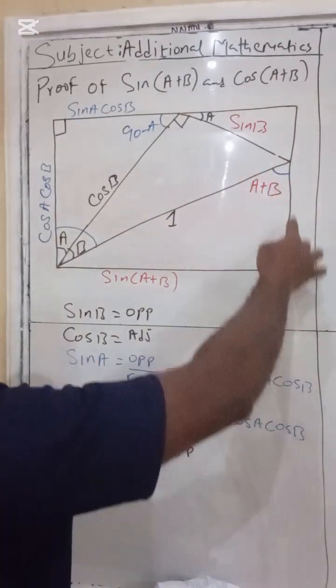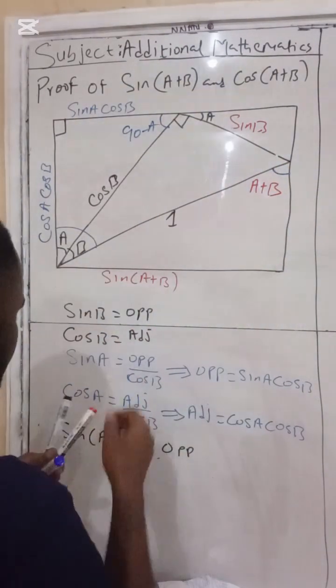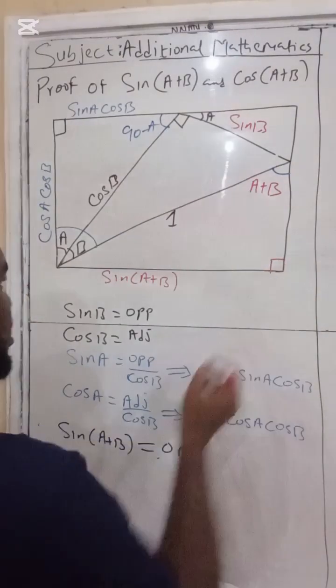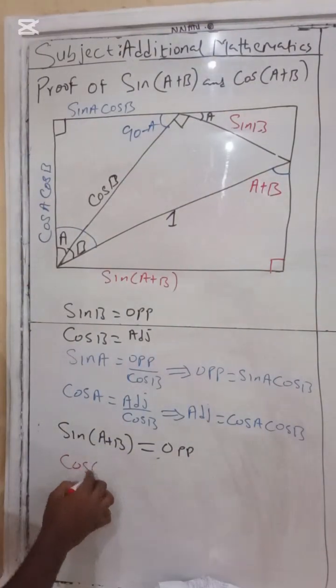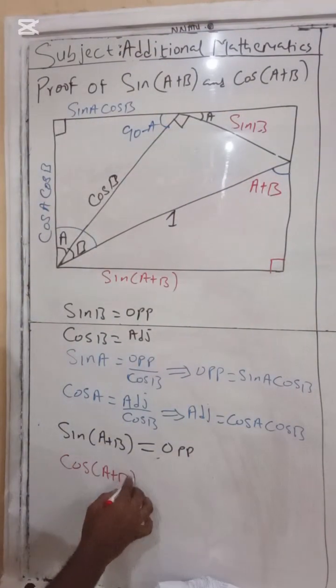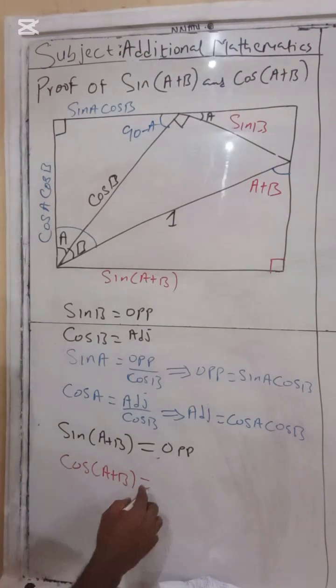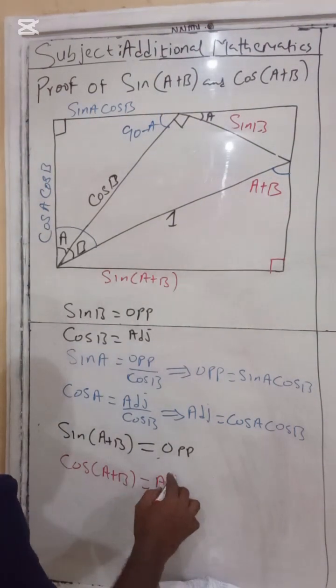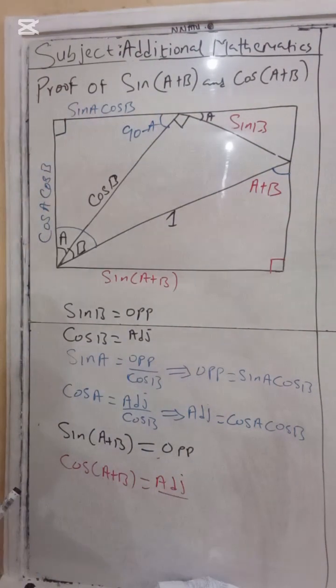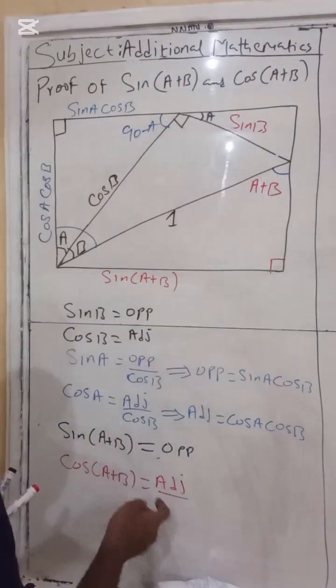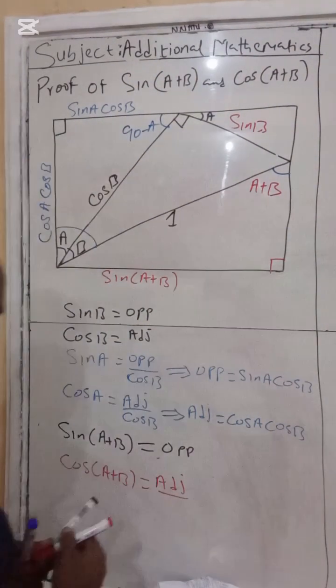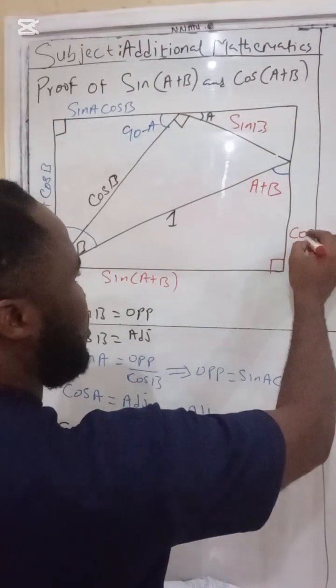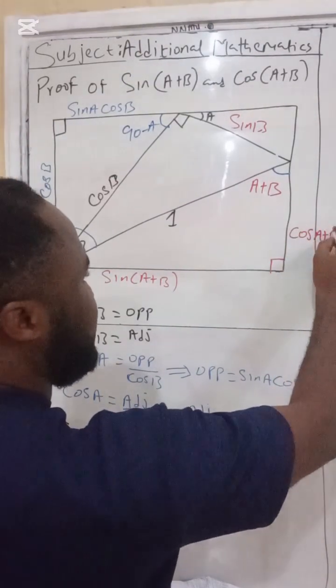So here becomes the adjacent of this right angle triangle. So again, cos of A plus B is equal to adjacent over hypotenuse. And hypotenuse is 1. So that means the adjacent here is cos A plus B.